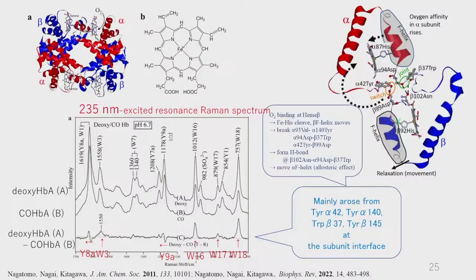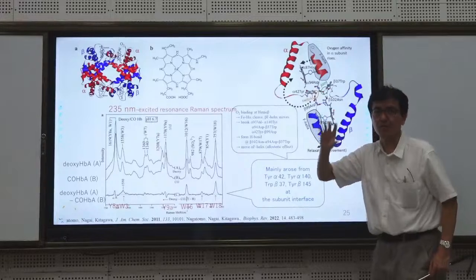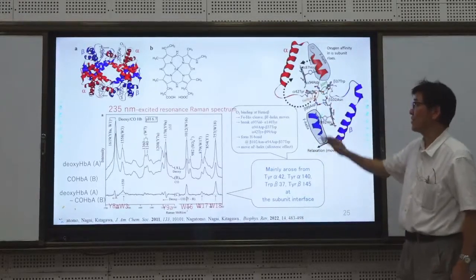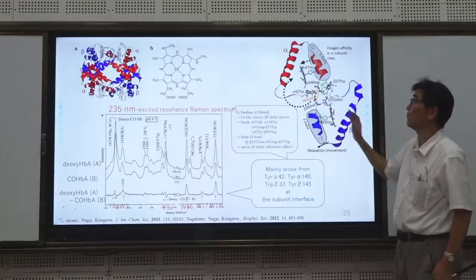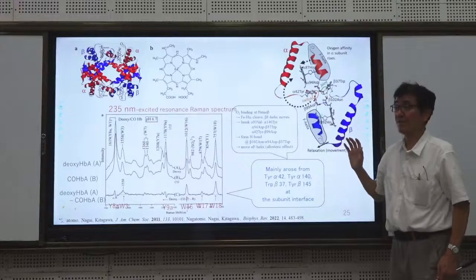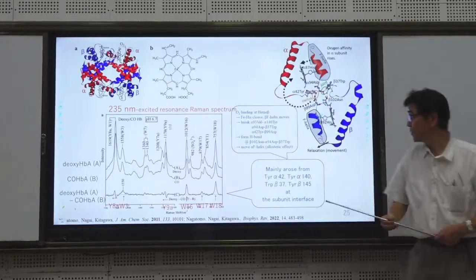This is an example of Raman spectroscopy and its application to protein structure analysis. By combining with the mutation technique, we can say which residue plays what role, and in particular, analysis of aromatic side chains becomes possible.